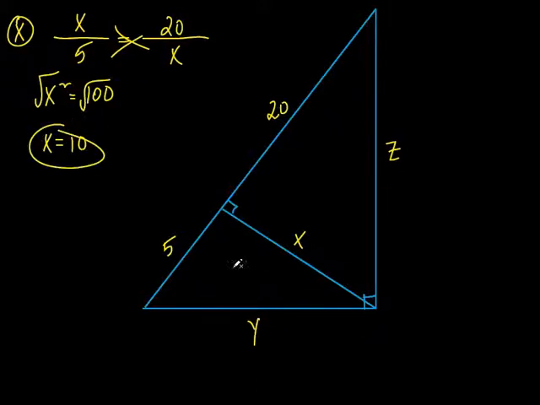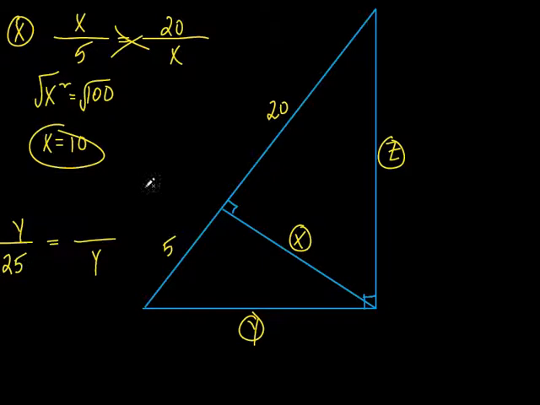Let's do Y. So Y is a geometric mean as well, isn't it? Remember, these three are geometric means. This is not a geometric mean. This is not a geometric mean. It's just these. The two legs and the altitude are your geometric means. So Y is a geometric mean between what and what? 25, which is the whole entire hypotenuse, right?